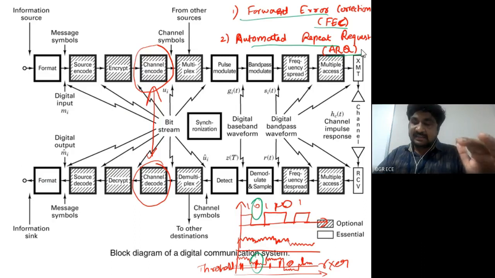But if the channel decoder does not have error correcting capability, then it will request the transmitter to forward the data packet once again so that the receiver can receive the data without any error. And this repeated request will happen until it receives the information without the error.